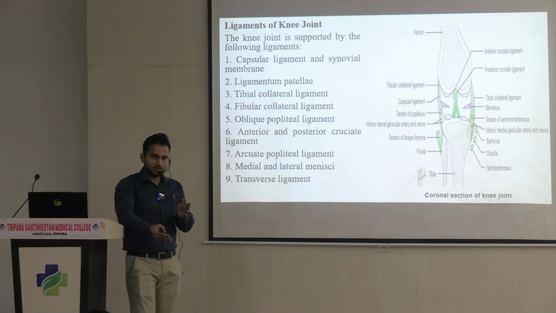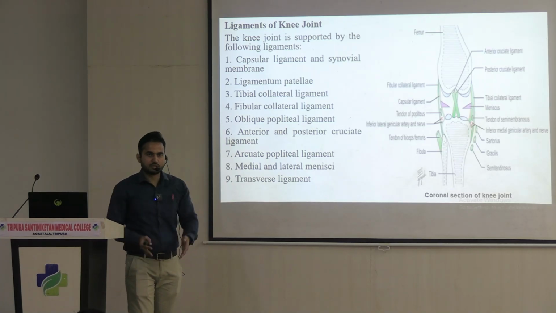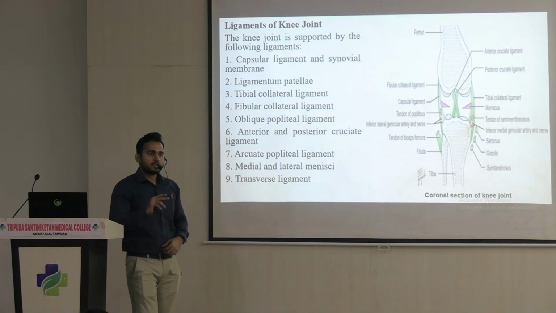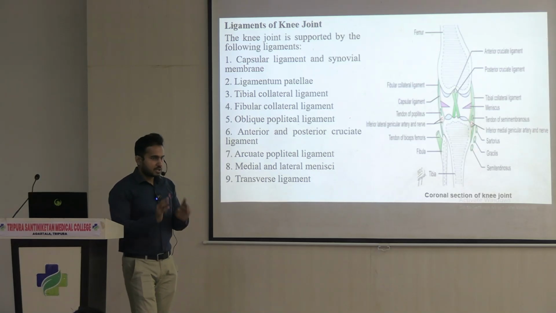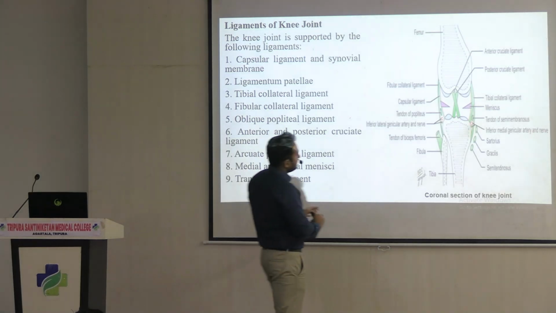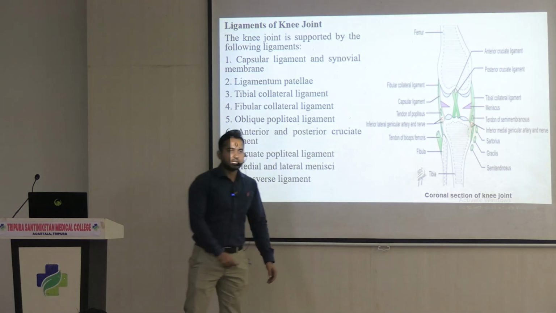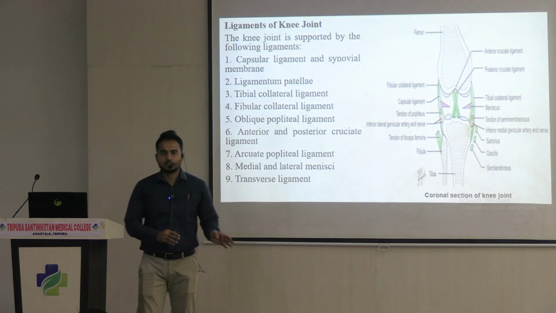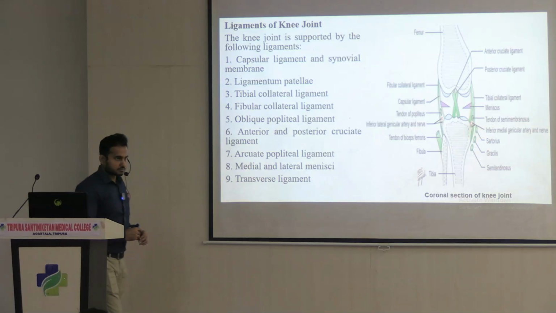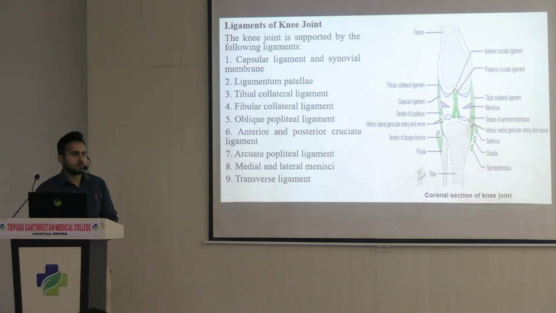They are present in the anterior part, the posterior part, and both sides. So at least 2 views are required, that means anterior view and posterior view, to see all the structures. But still, I have managed to find this particular diagram where almost all the structures can be seen. It's up to you which diagram you will use in the exam. The diagrams are given in the books.